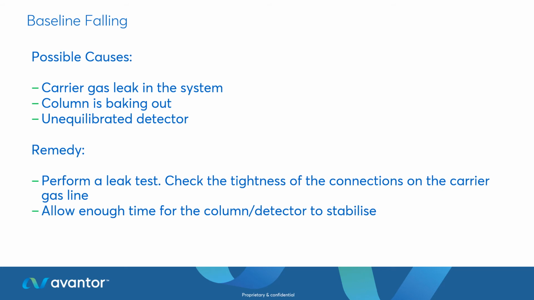Common examples here would be something like an electron capture detector, which are notorious for long equilibration times. In terms of a remedy, perform a leak test, check the tightness of the connections on the carrier gas line, and also allow enough time for the column and detector in order to stabilize.